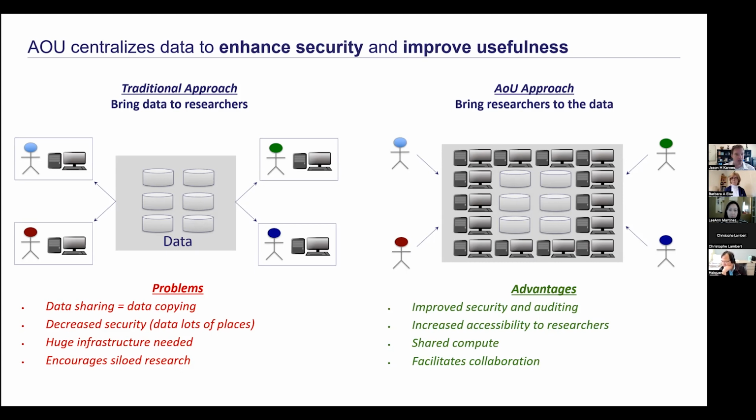And so this is a major consideration in terms of actually accessing the data here, and one of the major differences between the way virtually all other biobanks work and how All of Us works.